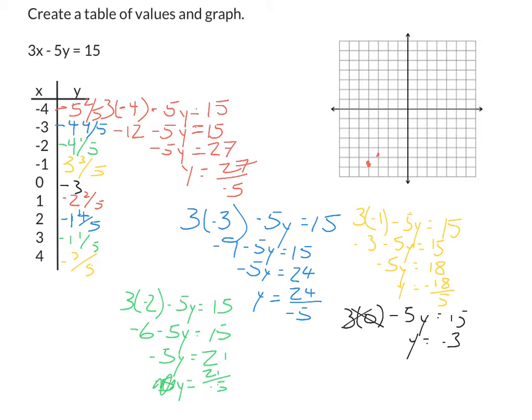We go over 1 to the right, and then we're up to -4 and 1/5. Over 1 to the right, -3 and 3/5. Then we're just at 0, -3. Over 1 up 3/5. Over 1 up 3/5. Over 1 up 3/5.